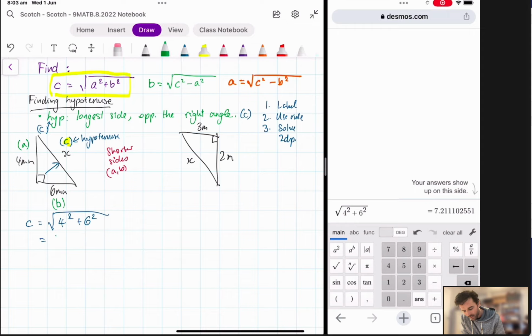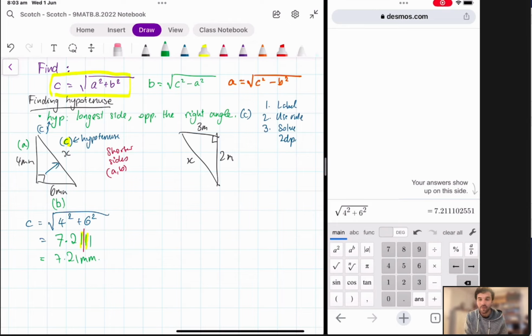I'm going to write it out just to practice our rounding. Now we want to round to 2 decimal places. We can see that this 1 here isn't going to round up this 1 here. Therefore, we're just going to keep it at 7.21 millimeters. And there we go, there's our answer.